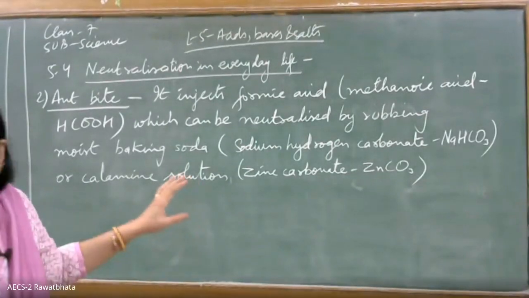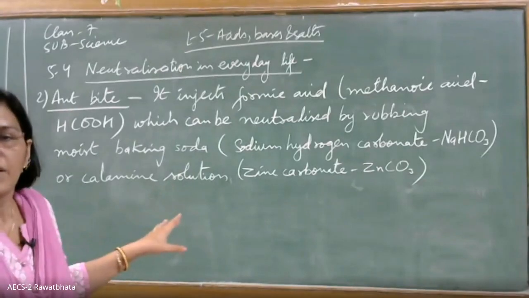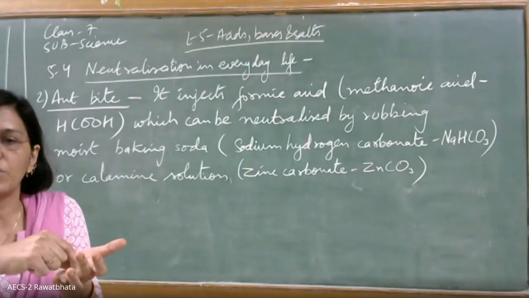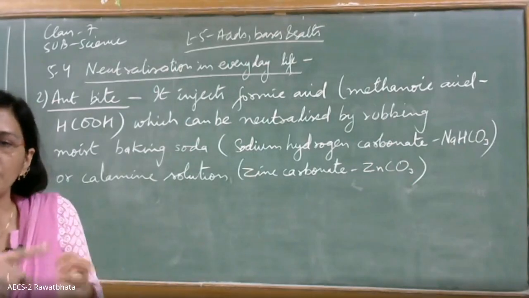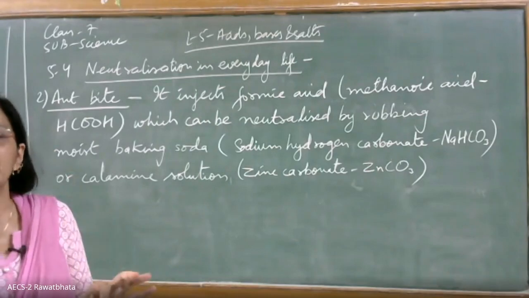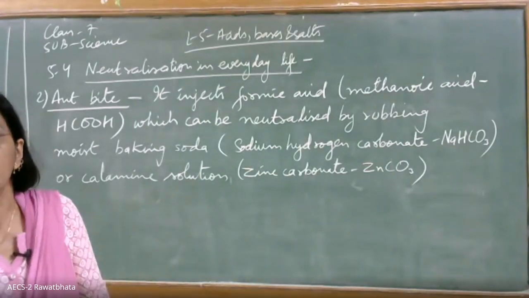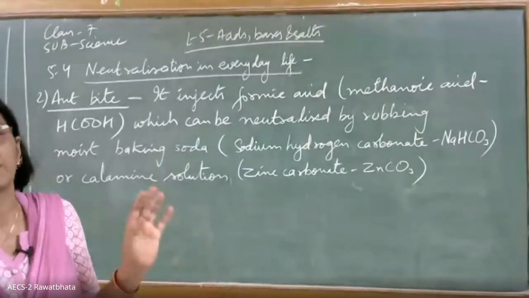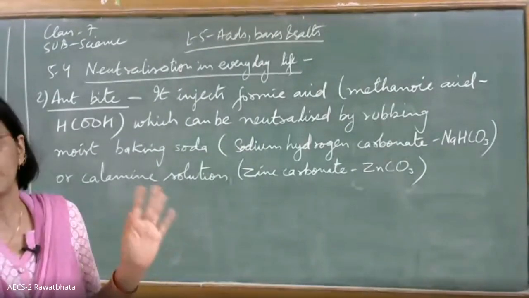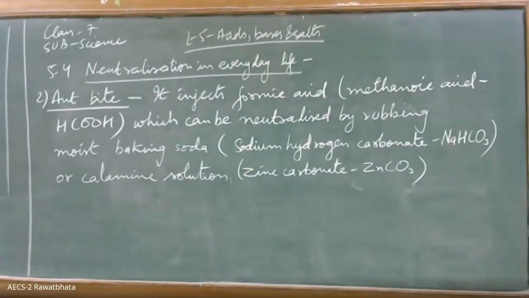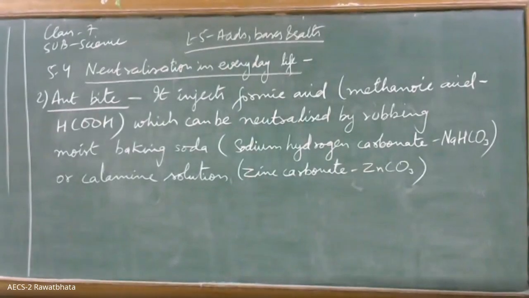Like here we have written moist baking soda. That means you take baking soda, add a few drops of water to it, make a paste of it, and then you apply. That will be effective. Chemicals are always effective once they are in the liquid state. If they are taken dry, they are not going to give us correct reactions. Remember that. Okay? And now we go for the next one, that is soil treatment.